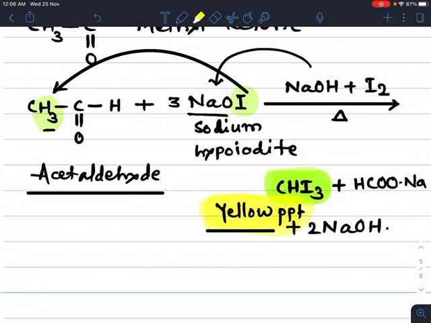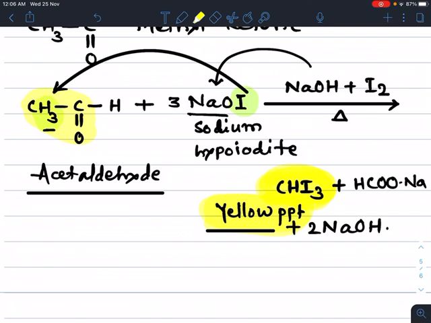So the formation of the yellow precipitate is nothing but the formation of iodoform in the reaction. This is the iodoform test, used for the preparation of iodoform from aldehydes or ketones that contain the CH3CO group.